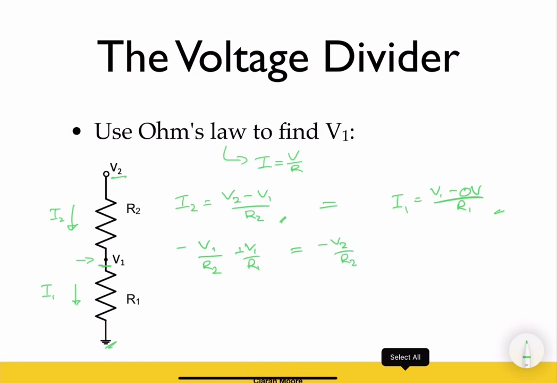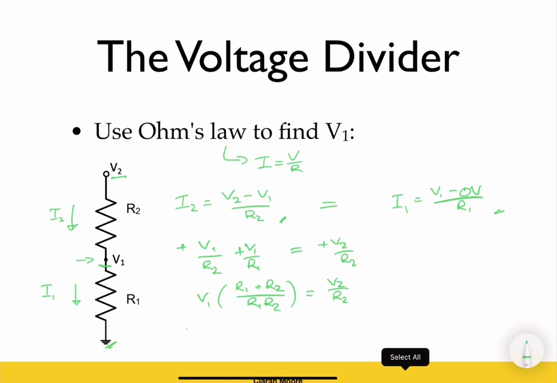We'll turn all of these minus terms into plus signs, and so now we've got an expression V1 times (R1 plus R2) over R1 R2 is equal to V2 over R2.